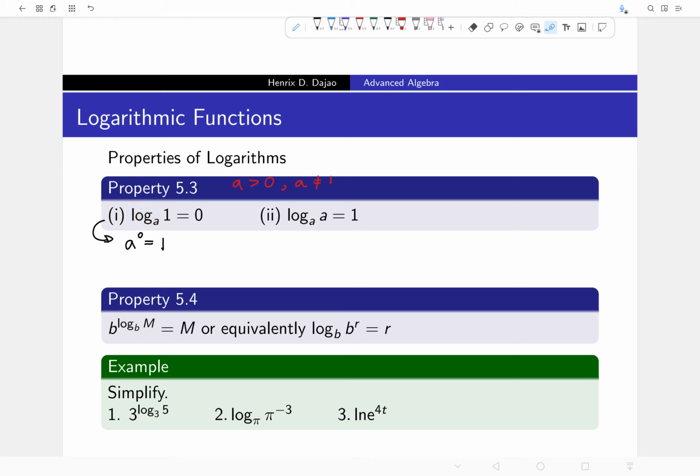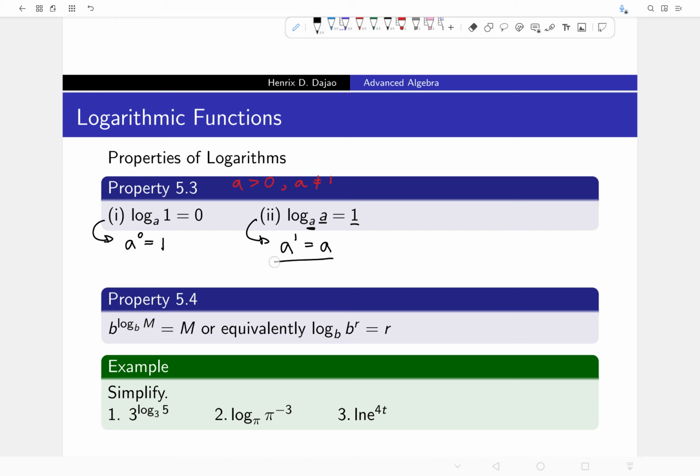For 2i, we have the logarithm of a with base a is equal to 1. We will explain this one in a similar manner, just like we did in I. Of course, the equivalent exponential equation is our base a with exponent 1 is equal to a.